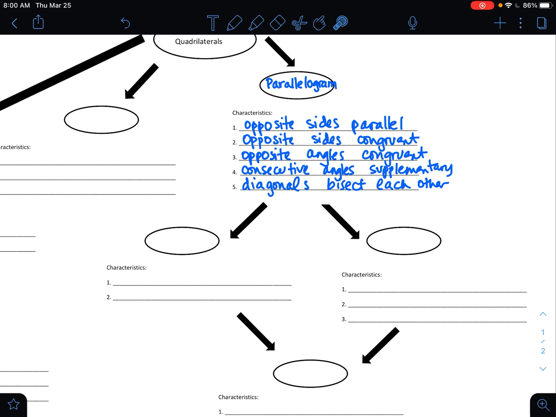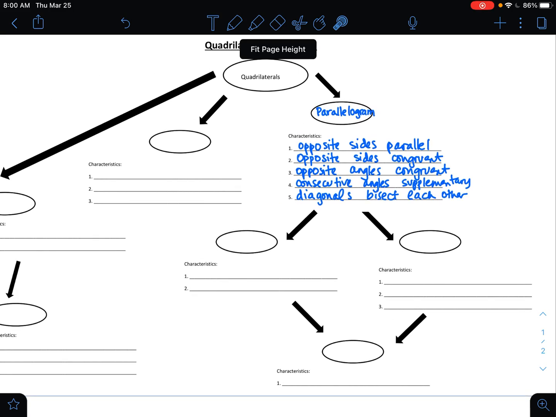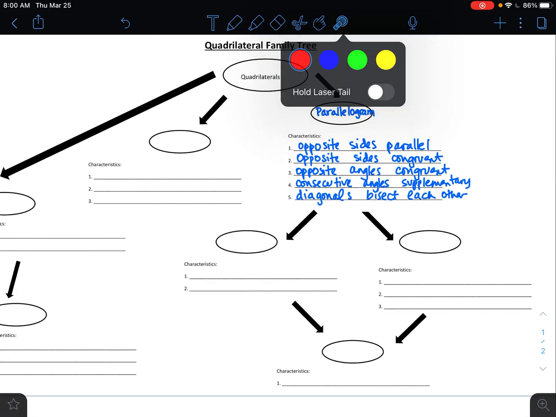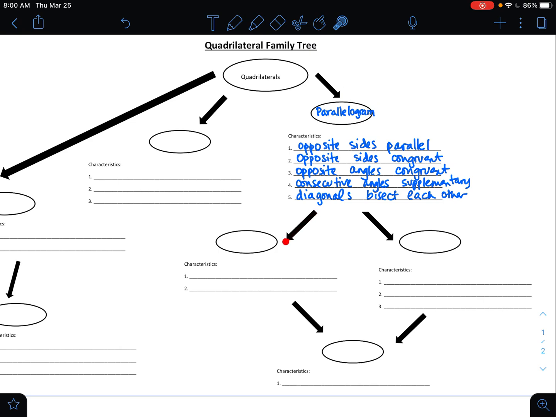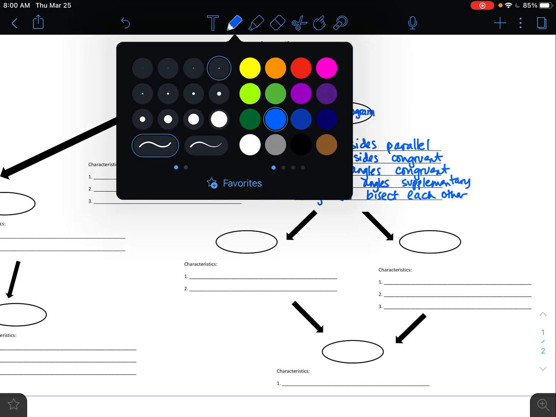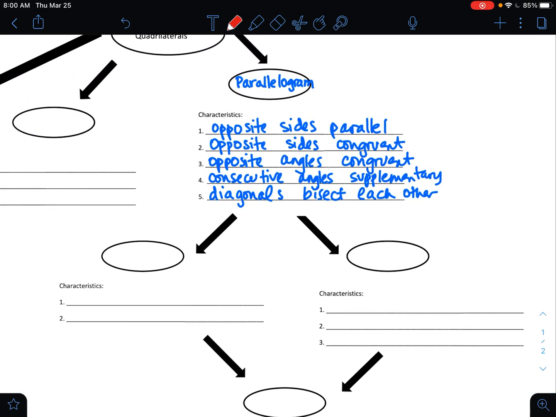Now, we are going to talk about, in our section today, rhombus, square, and rectangle. So do you see how this is set up? Underneath parallelogram, I have 2 shapes, and underneath those 2 shapes, I have 1 shape. So everything under this parallelogram has all of the properties of the parallelogram. Okay, so we're going to first work with a rhombus.